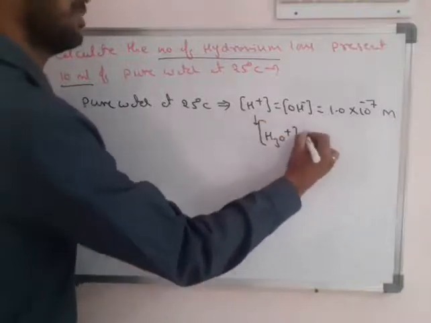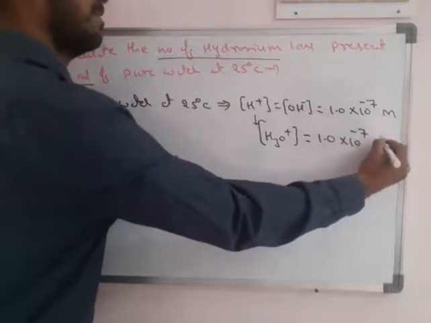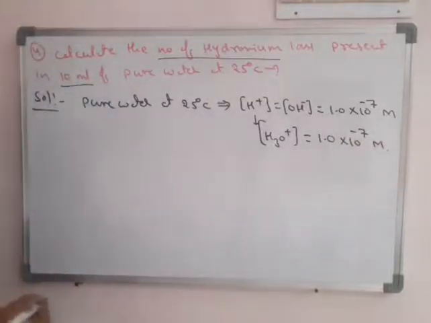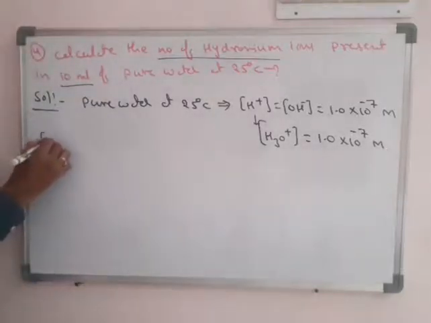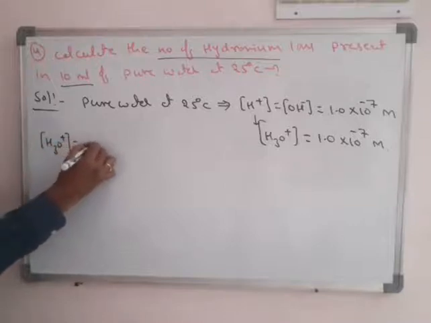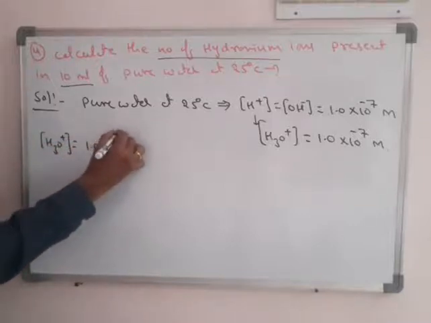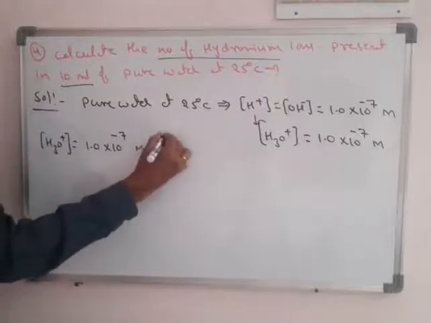Means H3O plus concentration is 1.0 into 10 to the power minus 7 moles per liter. So M, what is the M means? We know that H3O plus concentration equal 1.0 into 10 to the power minus 7. Capital M means that is actually moles per liter.